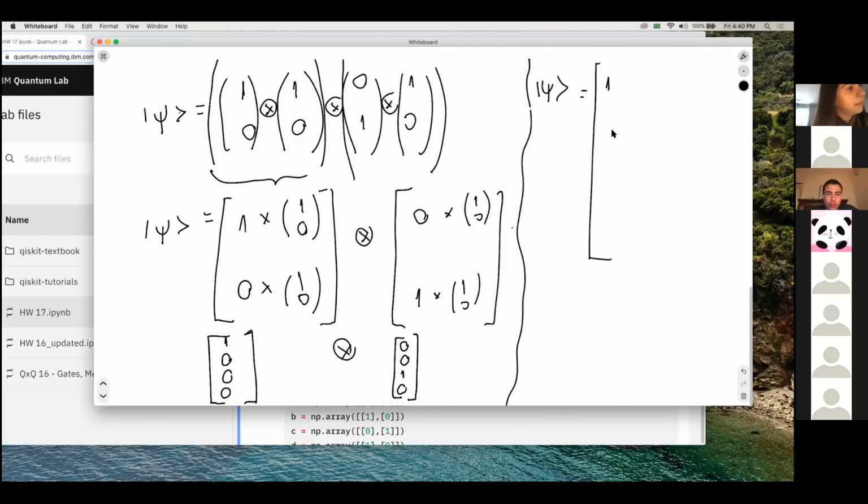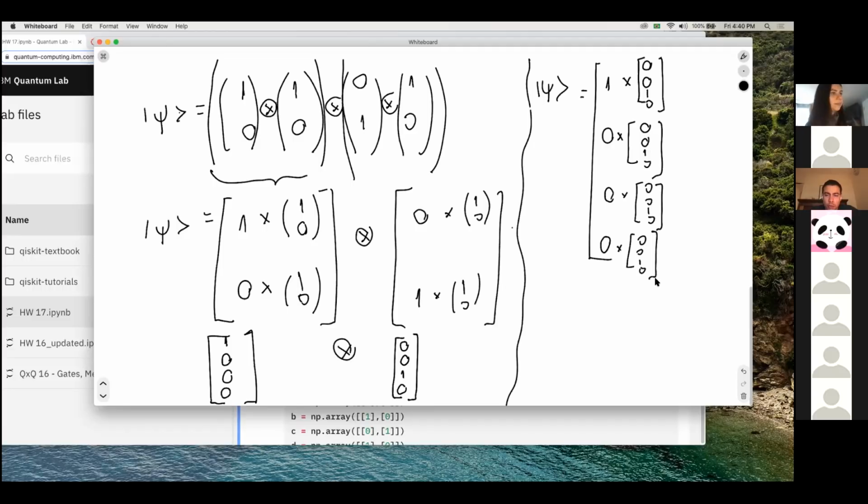1, 0, 0, and 0. Times, I'm going to copy the second vector here: 0, 0, 1, 0, repeated for each entry. Okay. Let's see if I'm going to have room to write this.